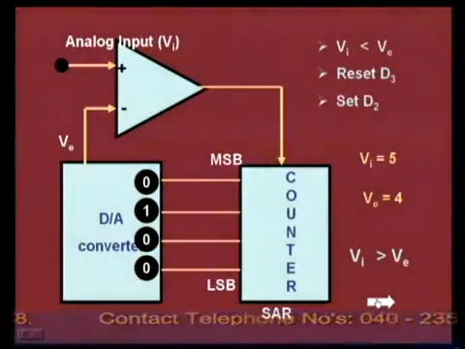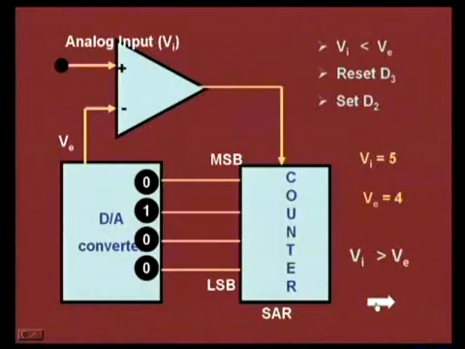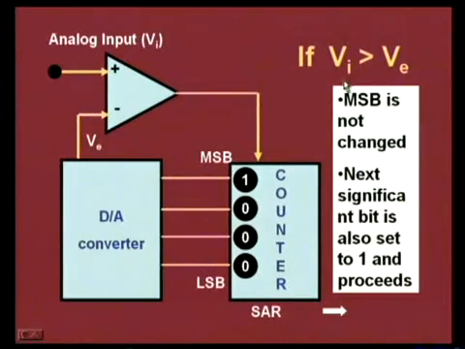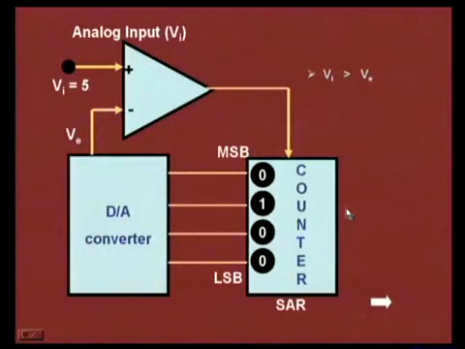Once again I recall what we have seen when Vi is greater than Ve. If Vi is greater than Ve, the MSB is not changed, whereas the next significant bit should also be set to 1. So, see here, if Vi is greater than Ve, no change in D2.